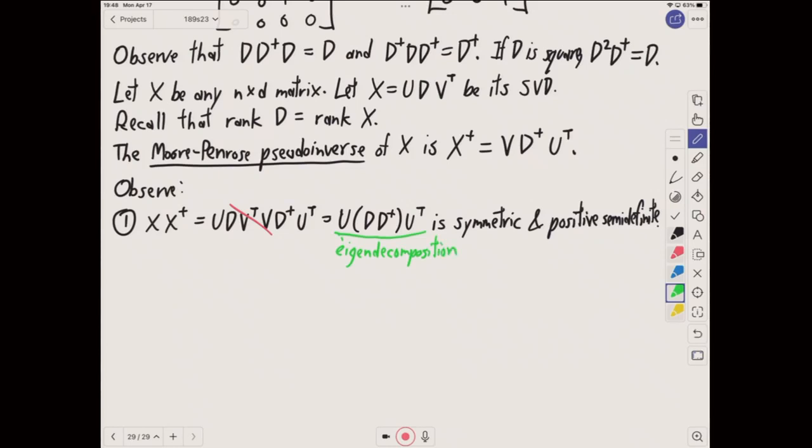So now I know the eigendecomposition of X times X plus, and all of the eigenvalues are going to be 1 or 0, because remember, D D plus always has diagonal entries that are either 1 or 0. So that means X times X pseudo-inverse will always have all of its eigenvalues 1 or 0.